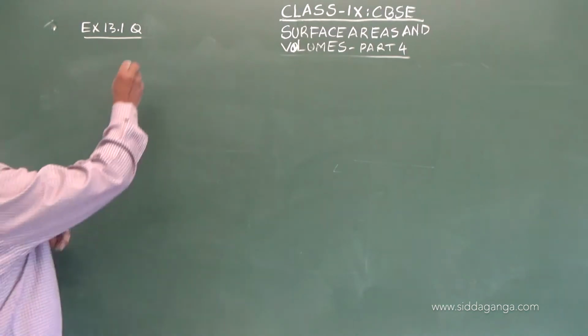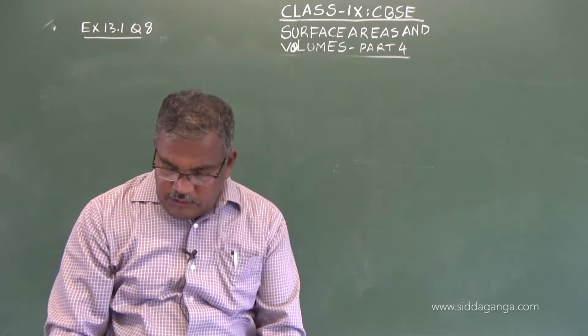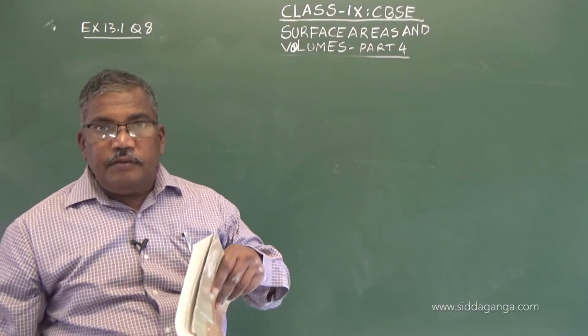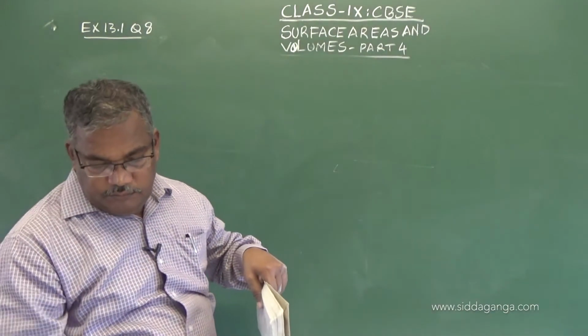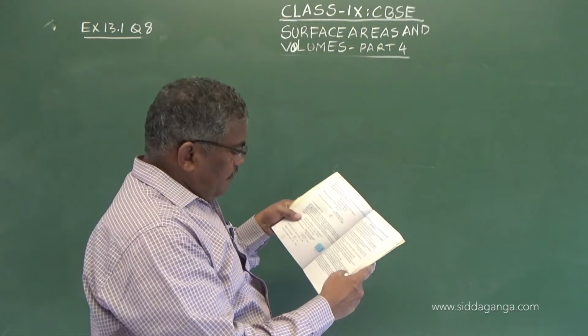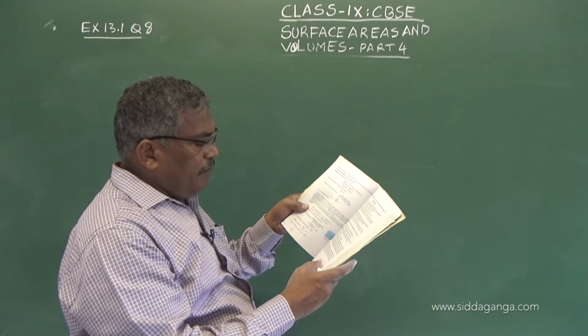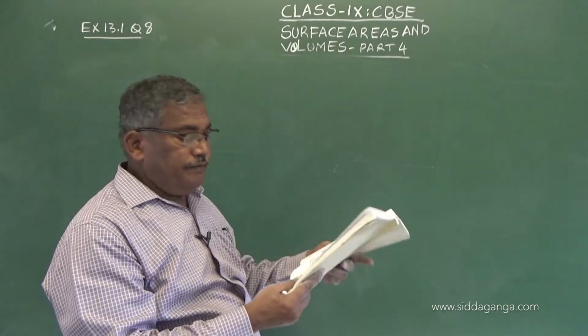Now, question number 8. Parveen wanted to make a temporary shelter for her car.